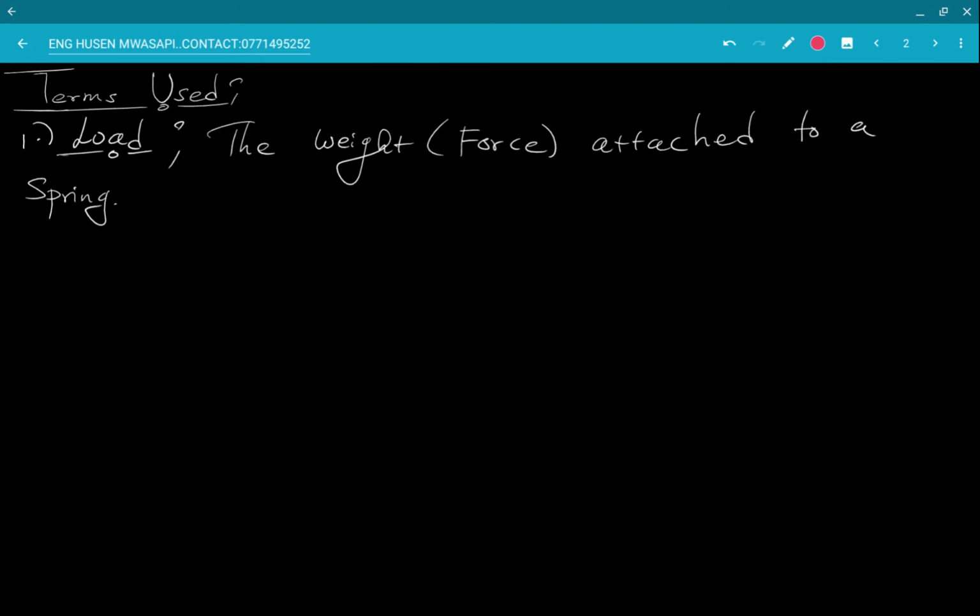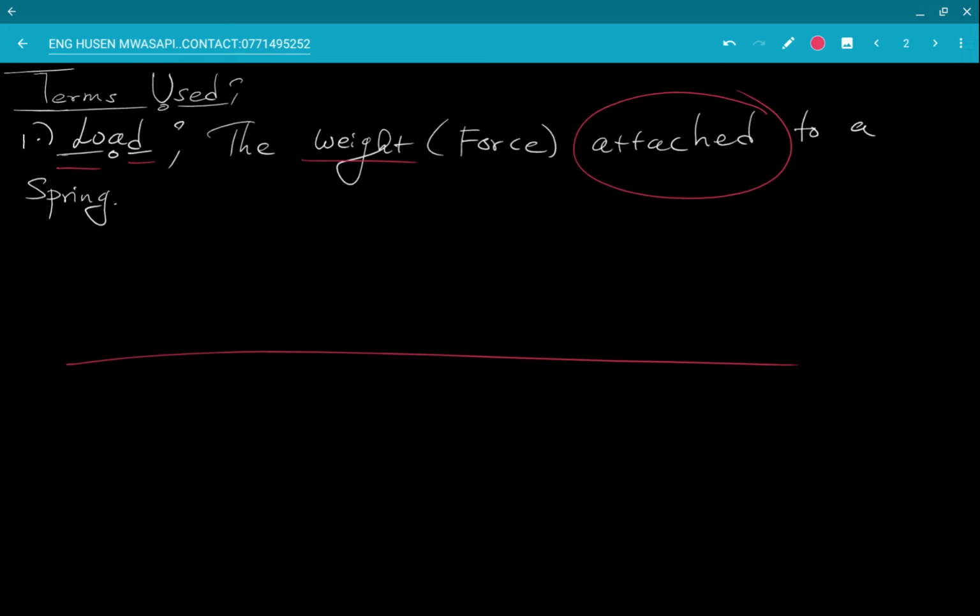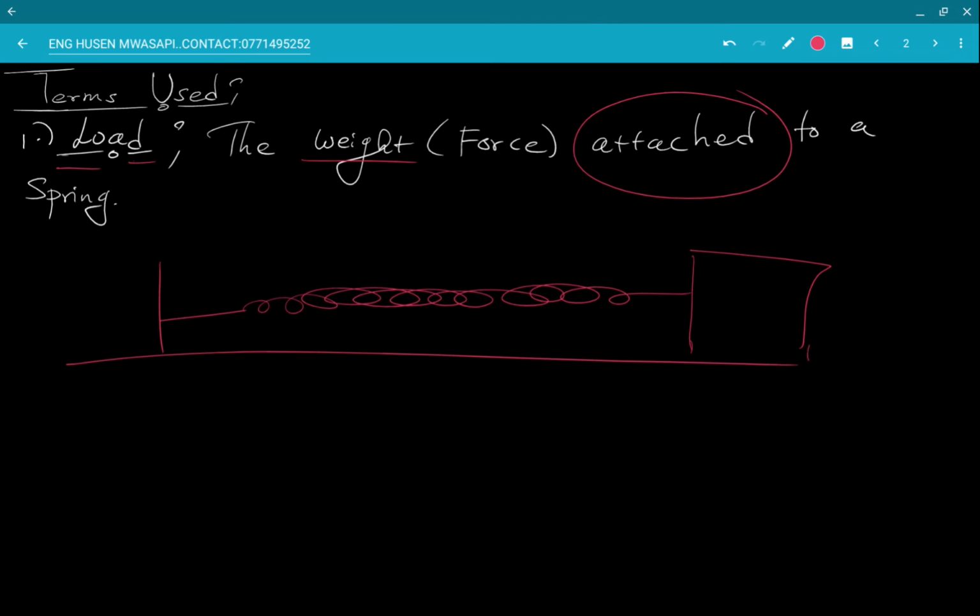For instance, load. This is not the first time we're hearing the term load. Now, a load is simply a force, or in short, we could say the weight that is attached to a spring. We have seen a spring before. You could have a horizontal surface like this, and say a spring could be attached to a certain system.